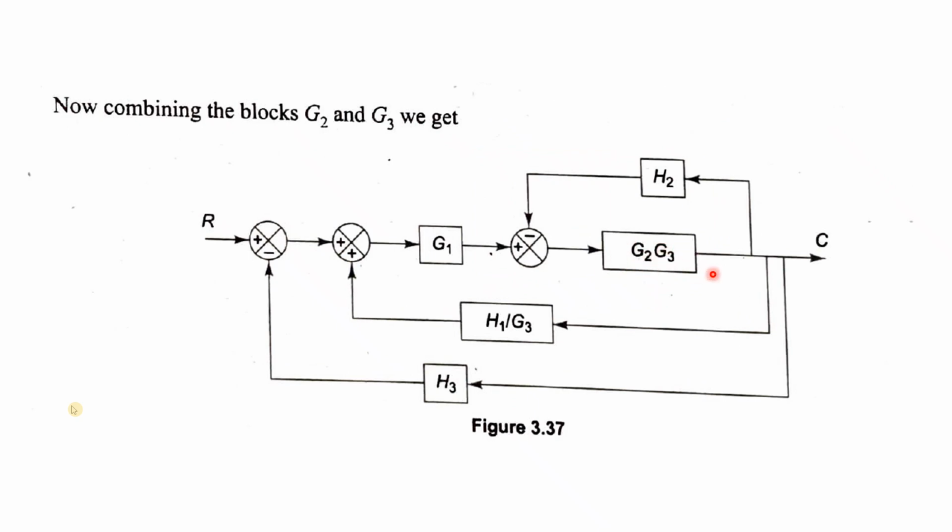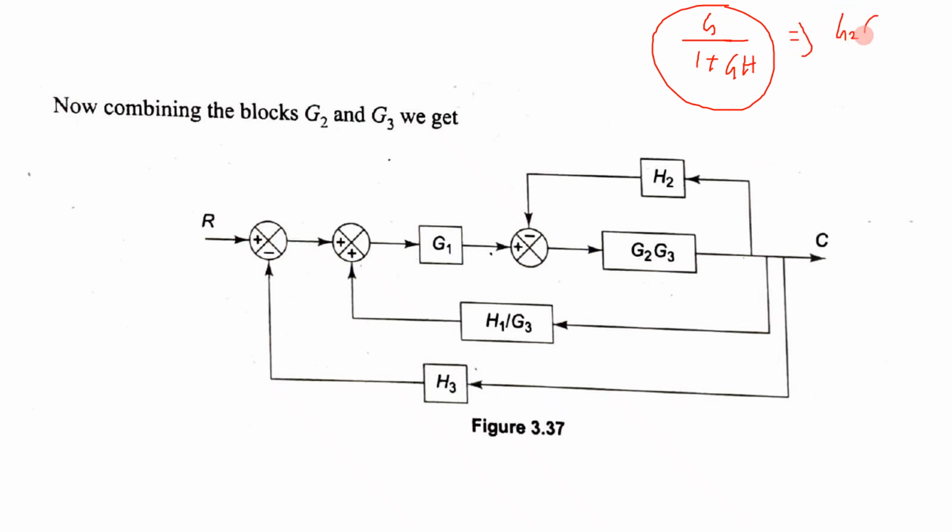This is converted to this, where G2 G3 is multiplied. Then we have a transfer function like this. G2 G3 can be considered as G. So the transfer function becomes G by 1 plus GS HS. This is the formula we all know.